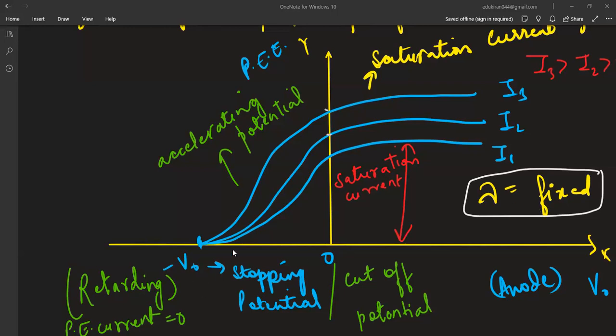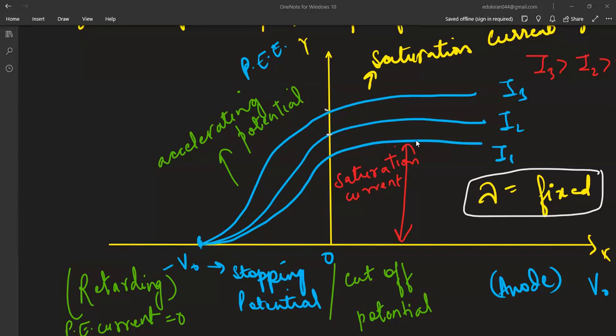Now, positive potential, that is, the accelerating potential. As the accelerating potential was increasing, the photoelectric current increased with it. Then the photoelectric current becomes maximum and does not increase further with increasing accelerating potential.